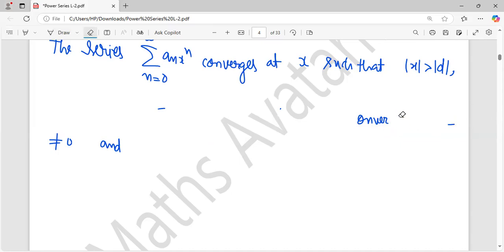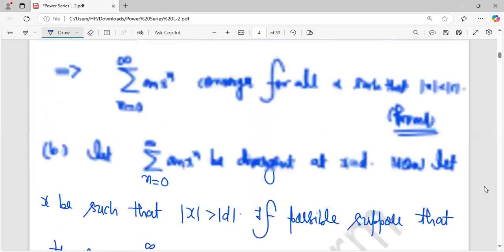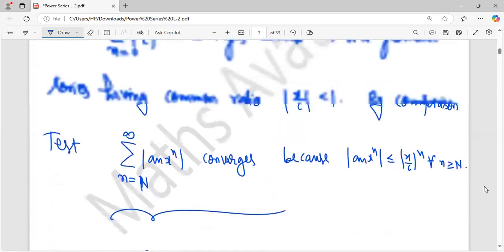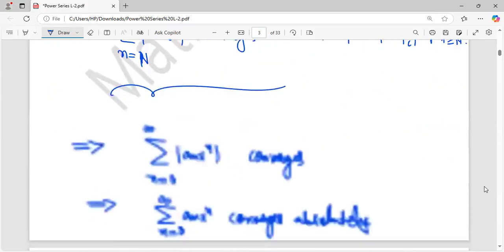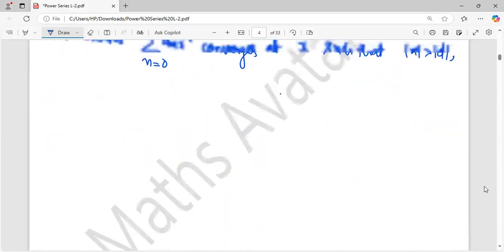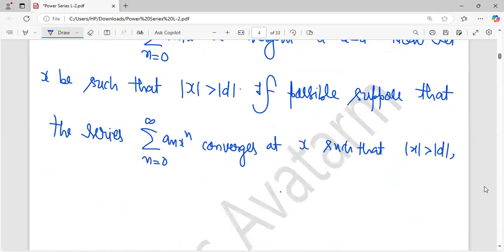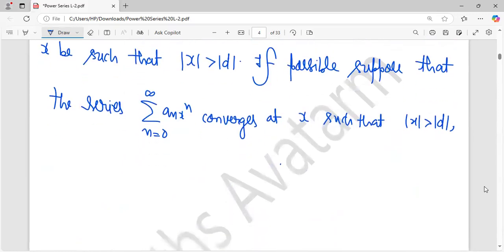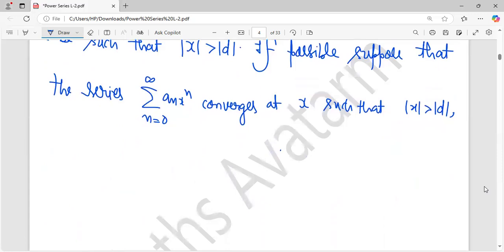Now we can choose. Suppose the series converges at x such that x is greater than d.